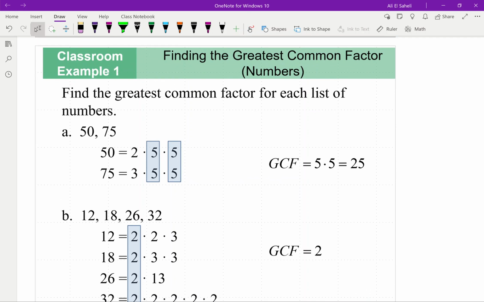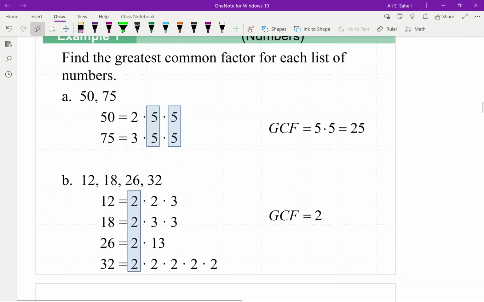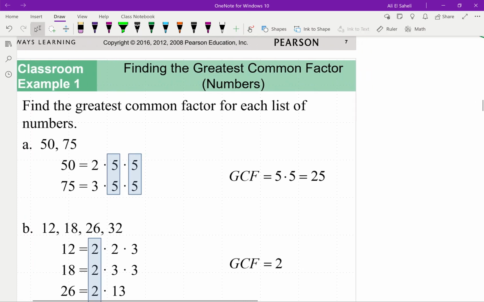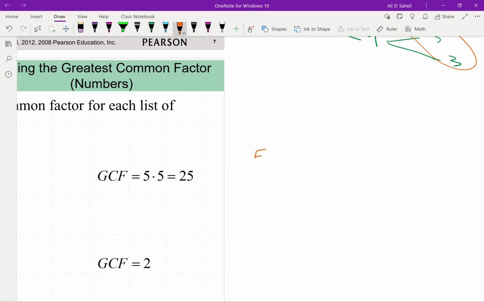Find the greatest common factor of 50 and 75. 50 equals, actually, let's start with 5 here because it makes it easy for us, 5 times 10. 10 equals 5 times 2, and we cannot go any further.